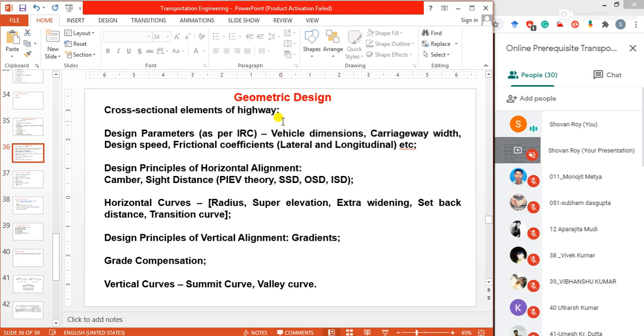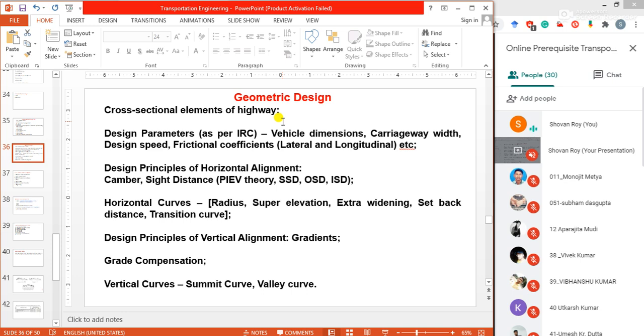These are some elements which are involved in geometric design. We engineers deal with these elements: cross sectional elements, side distance considerations, horizontal alignment details, vertical alignment details, intersection elements.